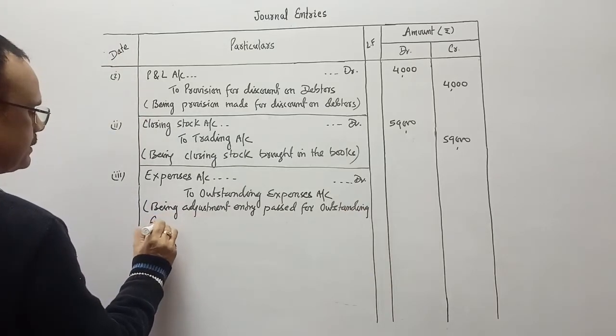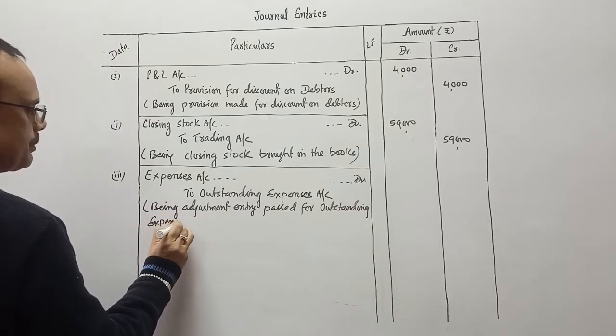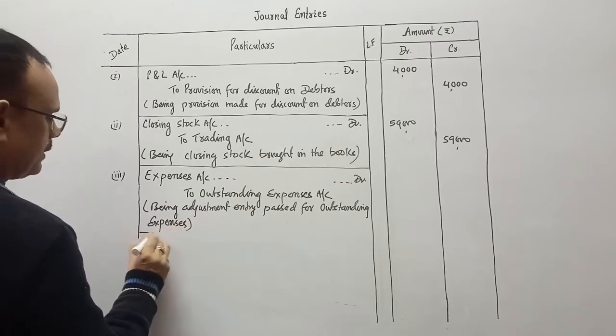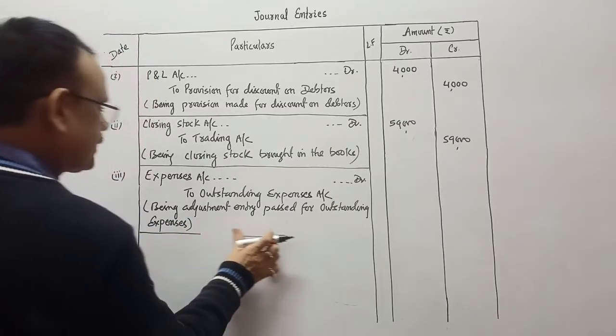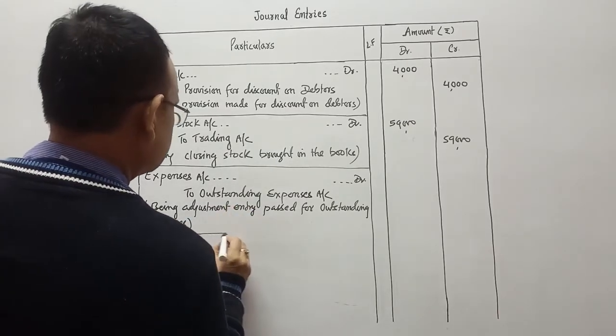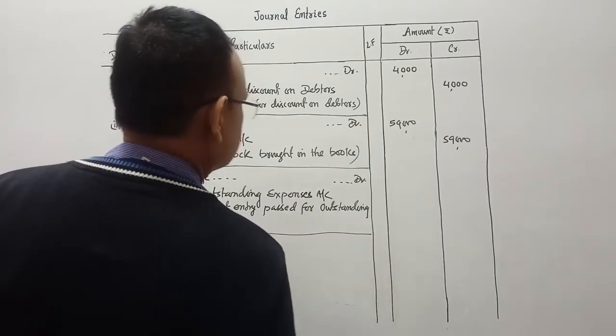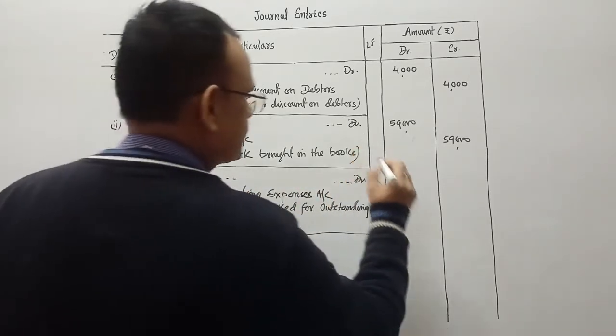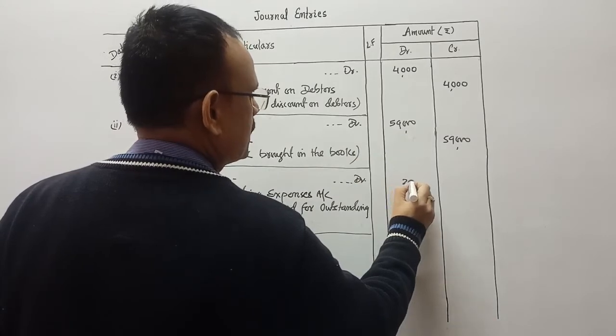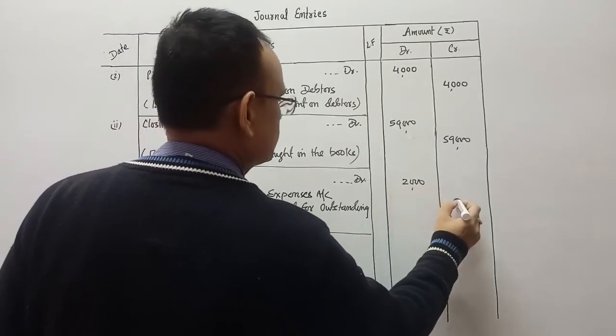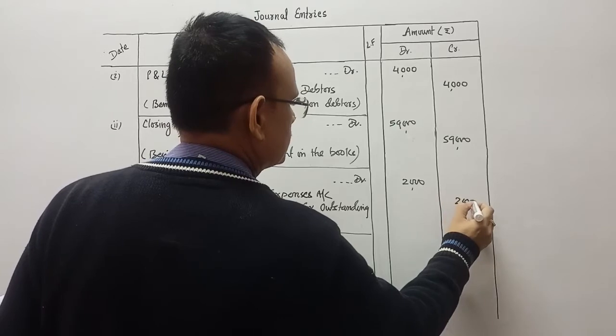This will be the narration. I am going to write the imaginary figure. Suppose 2000 is the outstanding expense, then you write 2000.